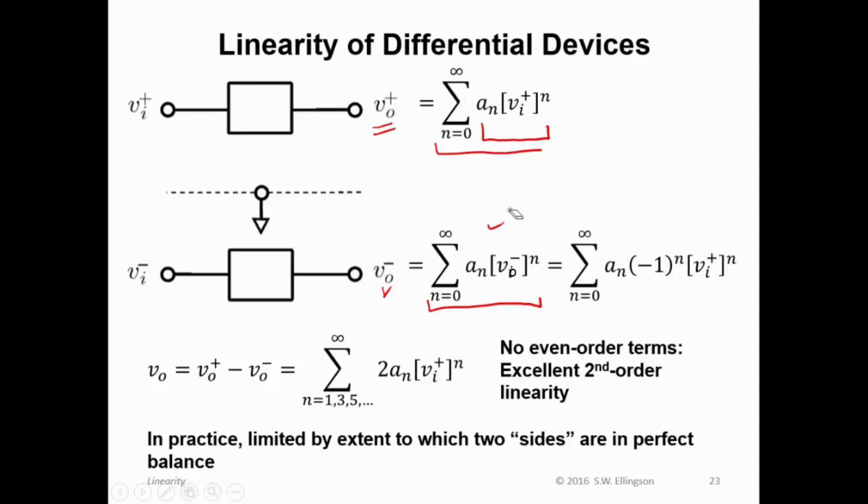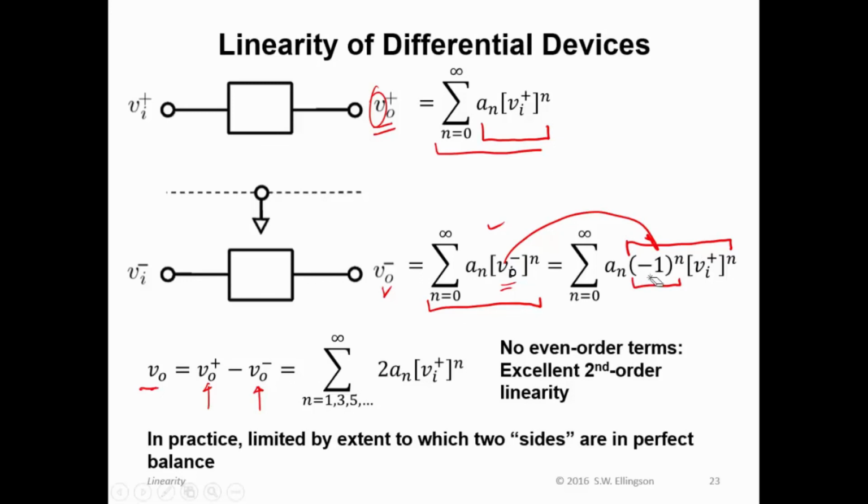We have defined the actual voltage to be the difference between these two voltages. And here, this voltage is nominally the opposite in sign from this voltage. So we can rewrite this as follows, where we end up with this coefficient (-1)^n, which for the first term n is 0, second term n is 1, third term n is 2, and so on.